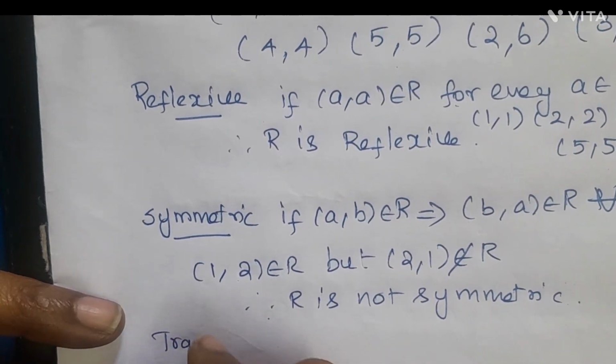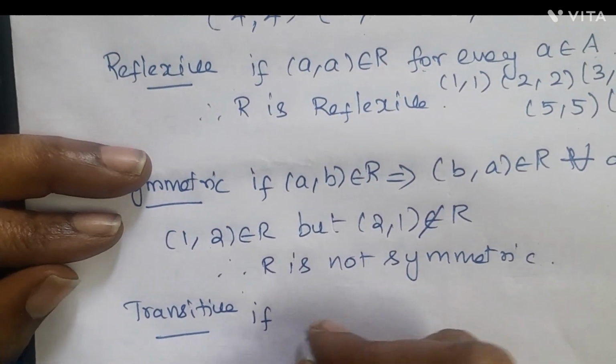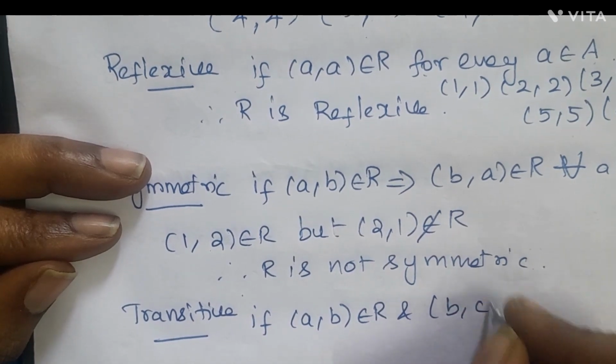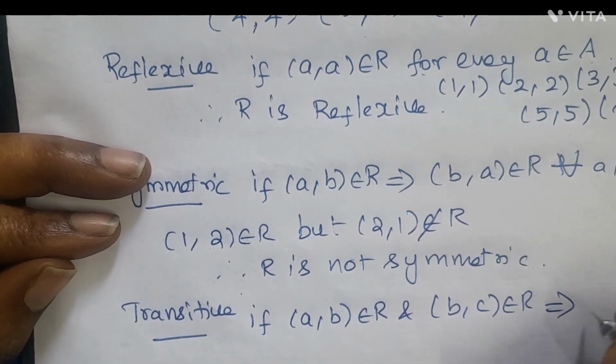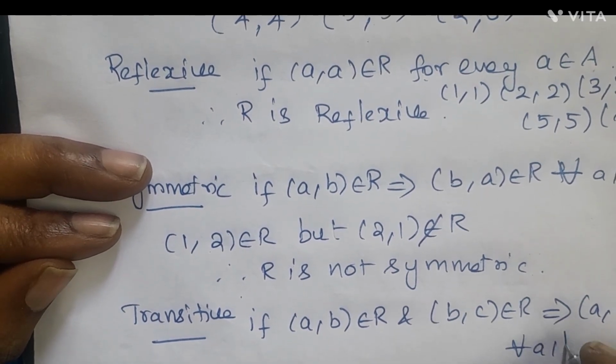Next, transitive. If the ordered pair (a, b) belongs to capital R and (b, c) is present in R, this implies (a, c) should be present in R for all a, b, c.